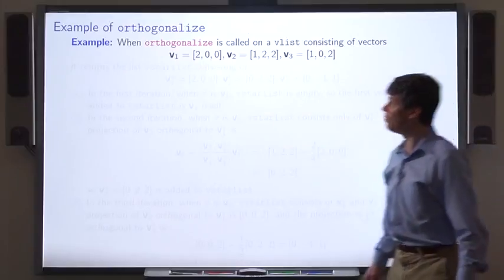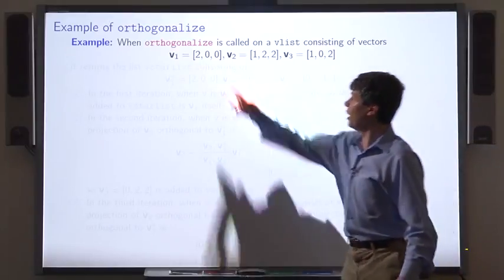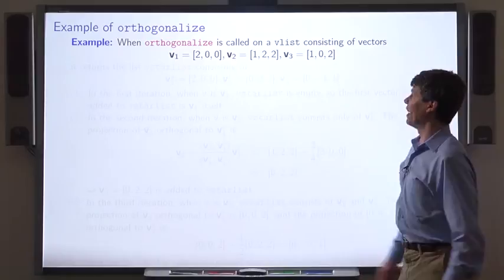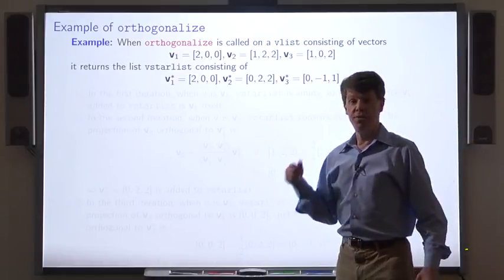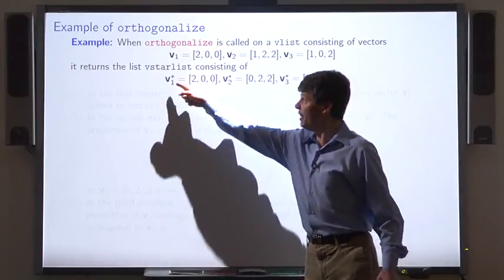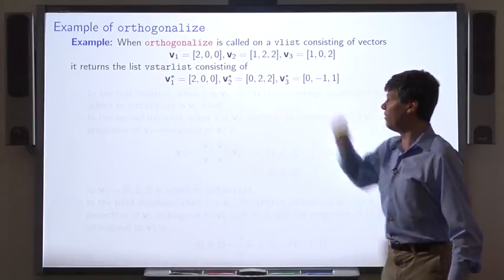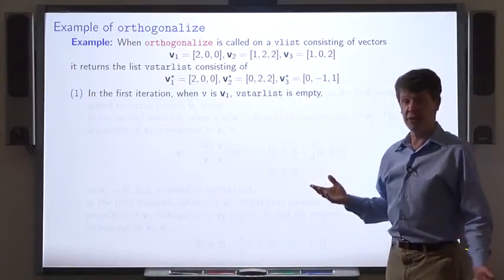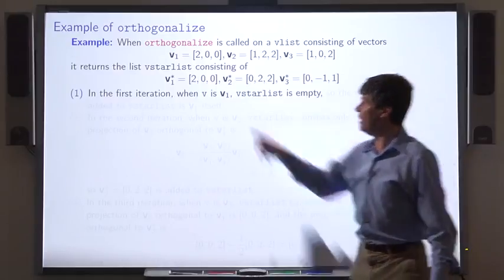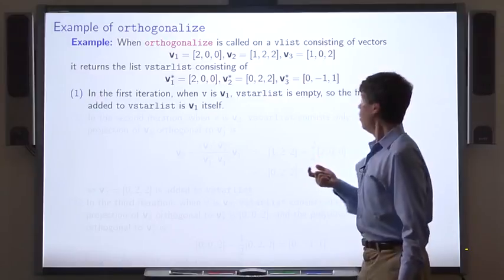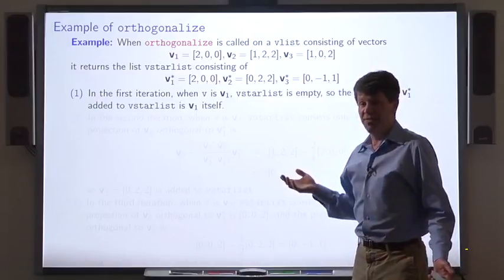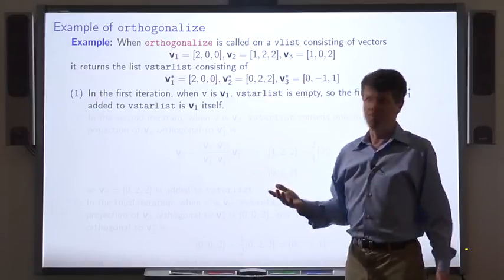So here's an example. Let's say we run orthogonalize on the list consisting of these three vectors. We'll show that it returns the list consisting of these three vectors, v1*, v2*, and v3*. In the first iteration, the vector v is v1. The vstar-list is empty, so the first vector added to vstar-list is just v1.